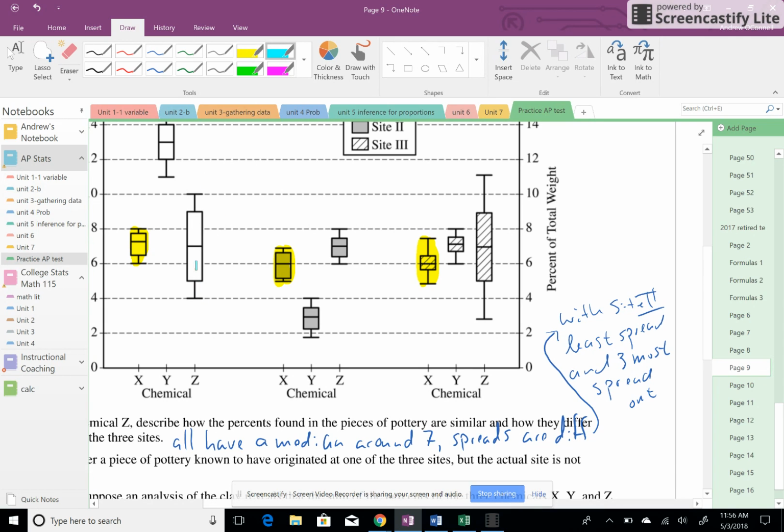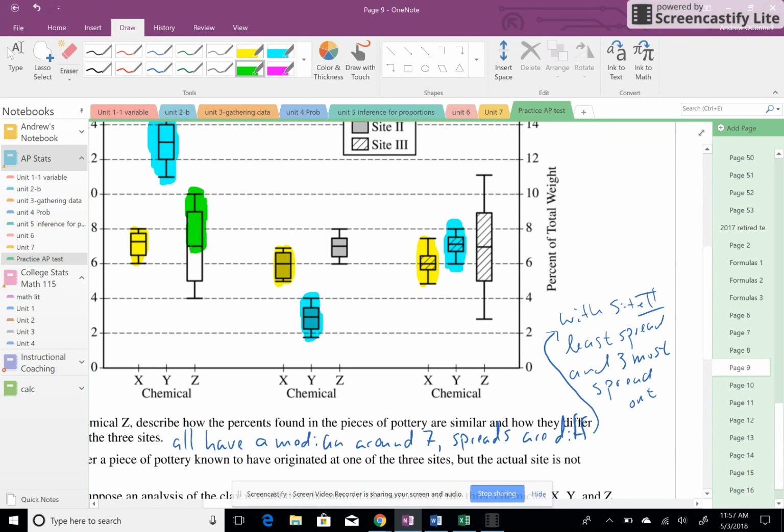If I'm looking at chemical Y, Y is very high on site 1, very low on site 2, and right in the middle on site 3, which is good. So those are drastically different. We might be able to identify them.